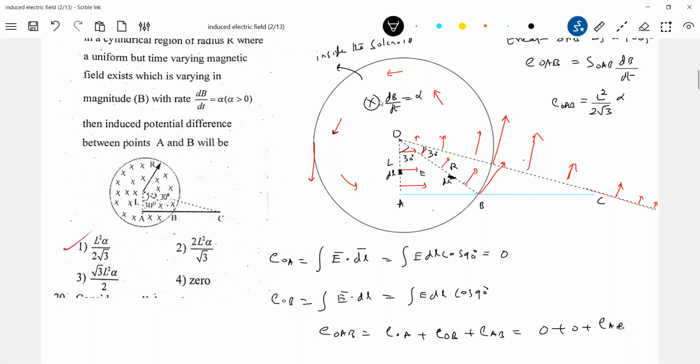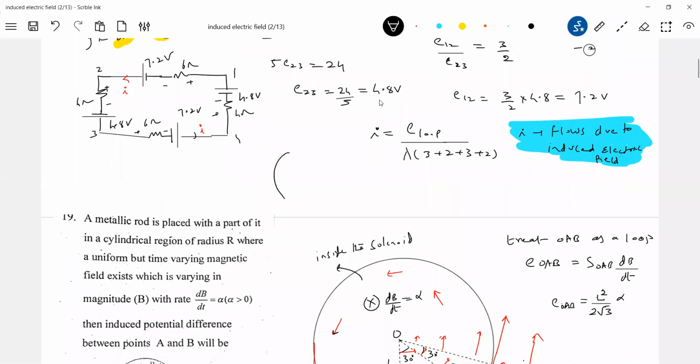Instead of doing all the problems, at least do one problem and understand things first. The induced electric field should be tangential, meaning in a region, if the magnetic field is varying, E bar is varying everywhere, you have to draw a tangent. Then sir, I want it here.